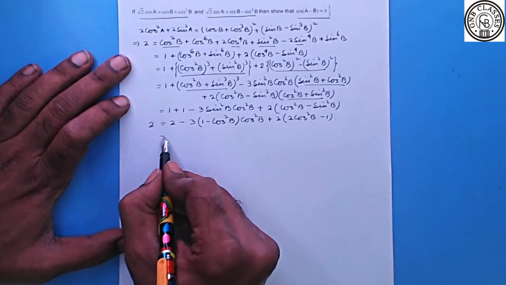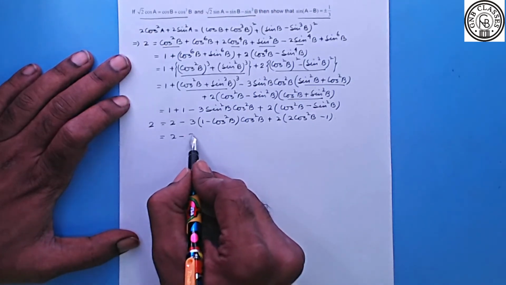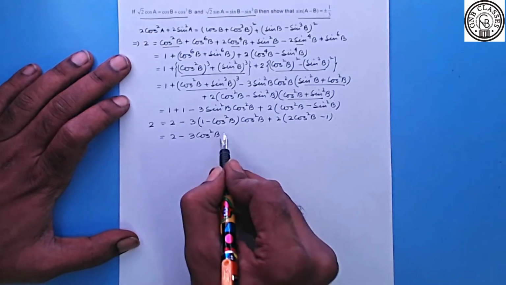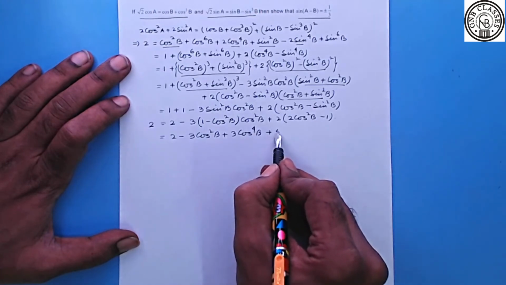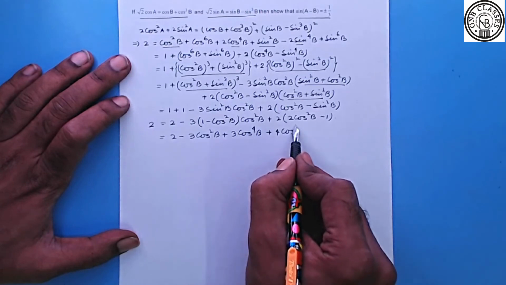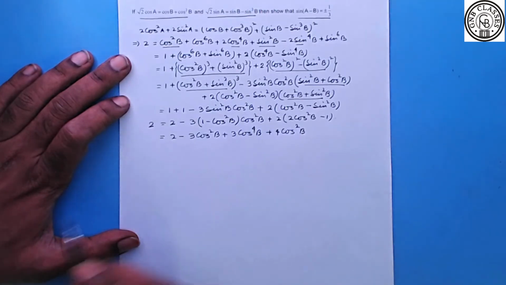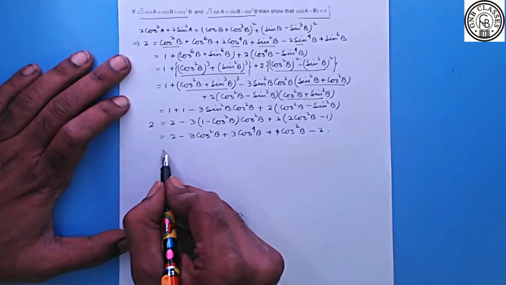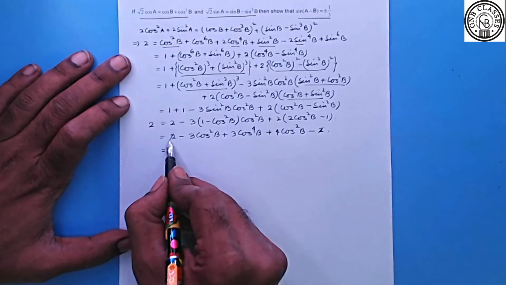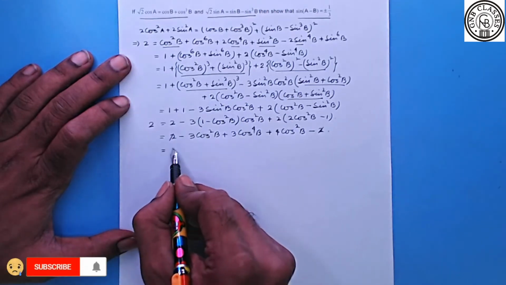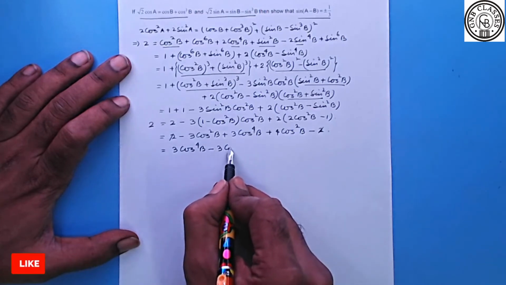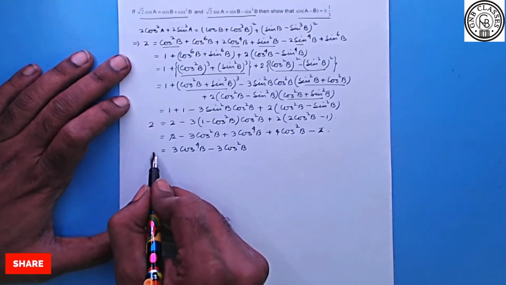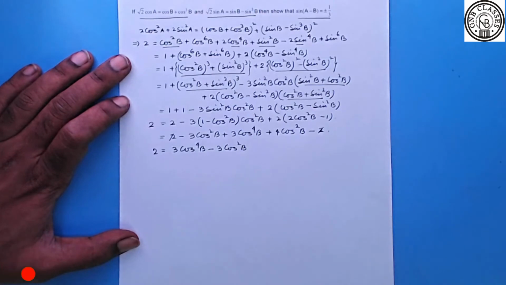So if I open the brackets, 3 cos square B plus 3 cos to the power 4B plus 4 cos to the power 2B minus 2. Is it clear? So we are having what? 2 goes off. So we are having 3 cos to the power 4B minus 3 cos square B, and on the left hand side we are having 2.